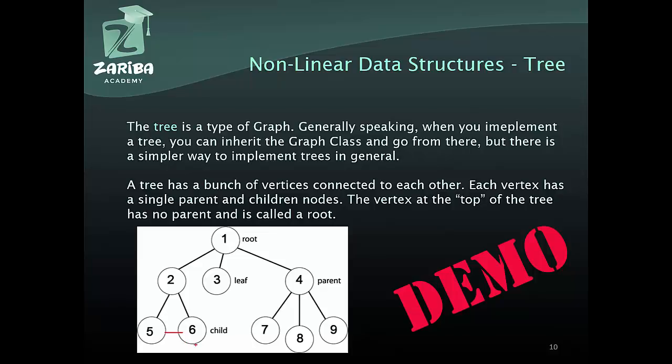Yeah, each vertex has more than one parent, if you want to think of it this way. So the proper definition of a tree, there are many, and they're all very similar. Can you tell me what the number of vertices is in this tree?